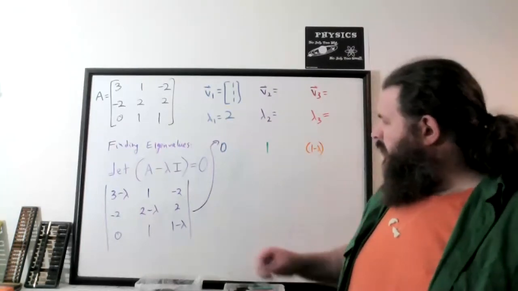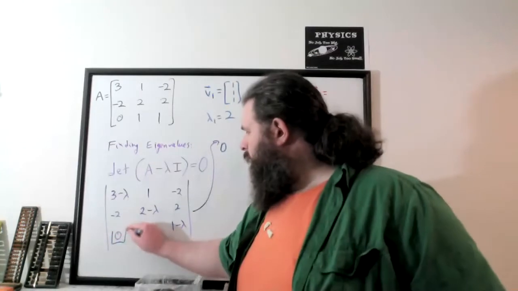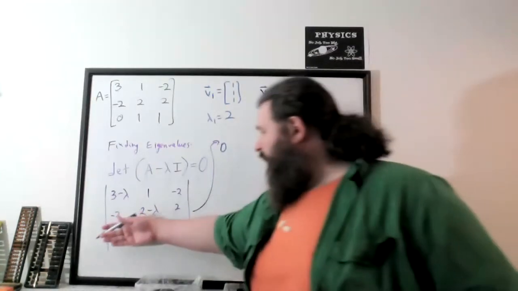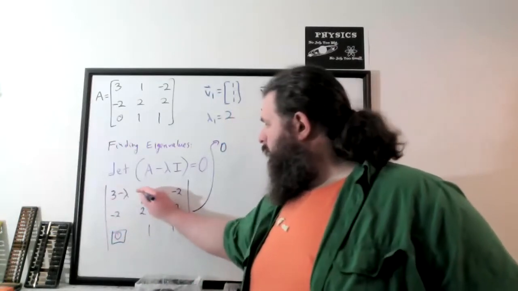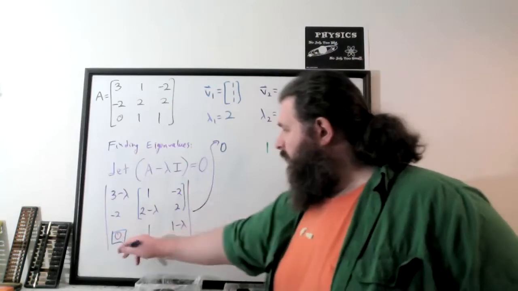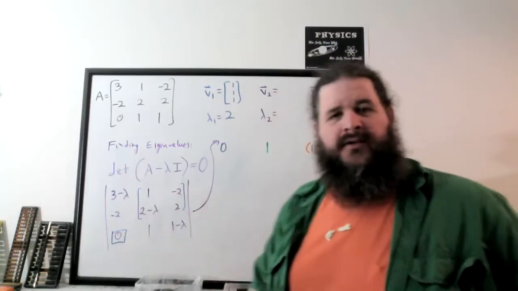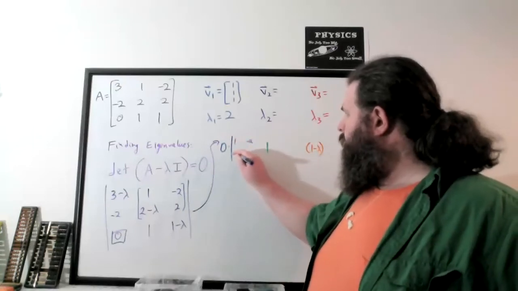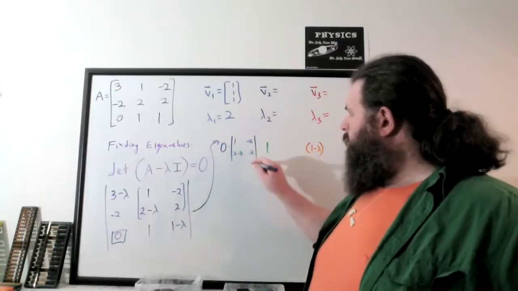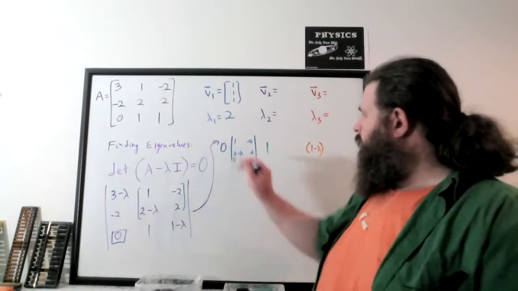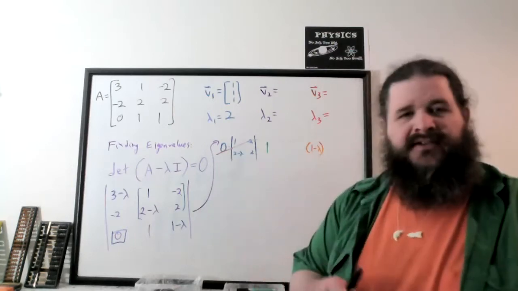For example, the 0, we're going to be multiplying that by the determinant of everything not in that row and that column. So ignoring that row, ignoring that column, we've got this 2 by 2 determinant left. But that doesn't really matter because we're going to be multiplying it by 0 anyway. That's just gone because it's being multiplied by 0.